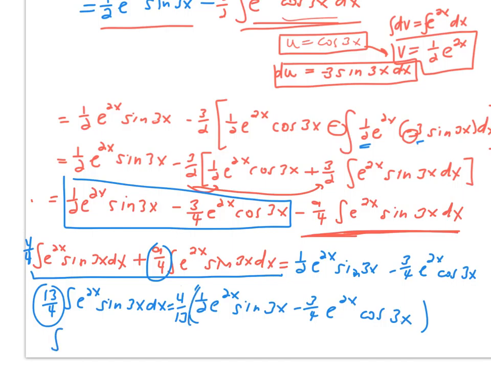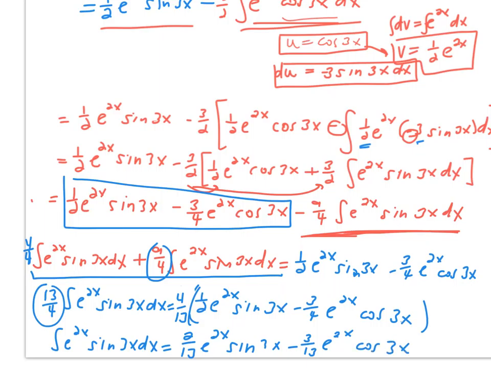Okay, so you have the antiderivative of e to the 2x sine of 3x dx is equal to 2/13 e to the 2x sine of 3x minus, and we have to multiply 4/13 times negative 3/4. It'll be negative 3/13 e to the 2x cosine of 3x. And because we are finding a general antiderivative, we do need to put that plus c at the very end.